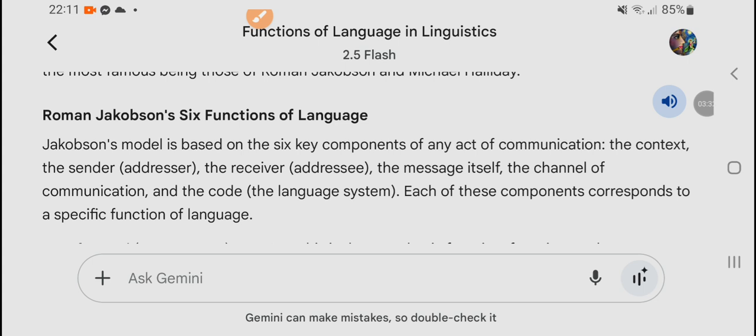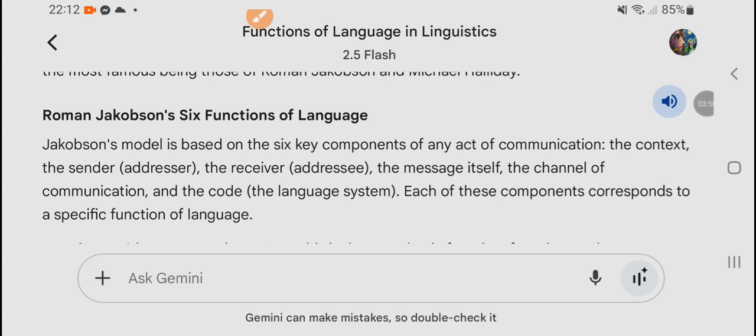So here we have to think about what an act of communication is. The context is that I am teaching linguistics. The sender, the addresser, is I, to make clear the difference between functions and characteristics.